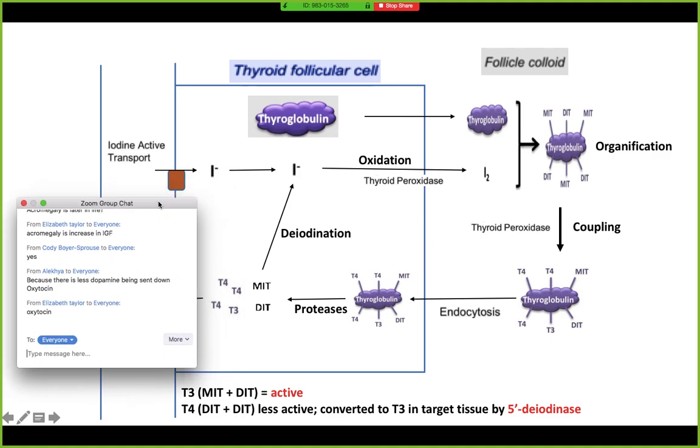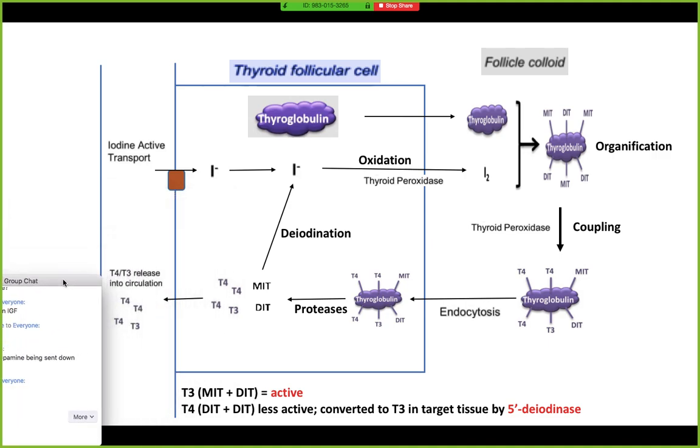Okay. The only reason I would say this physiology is important for this exam, at least, is that when we talk about the drugs, you need to know what step each drug is acting at.